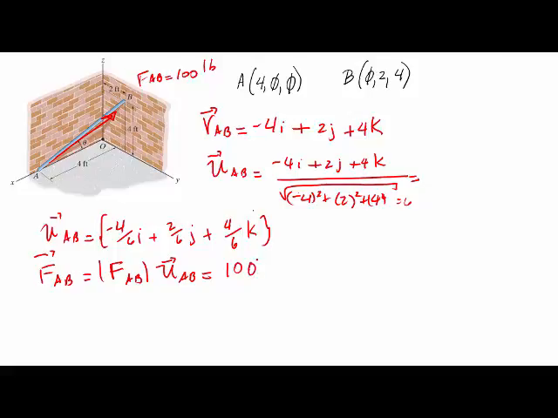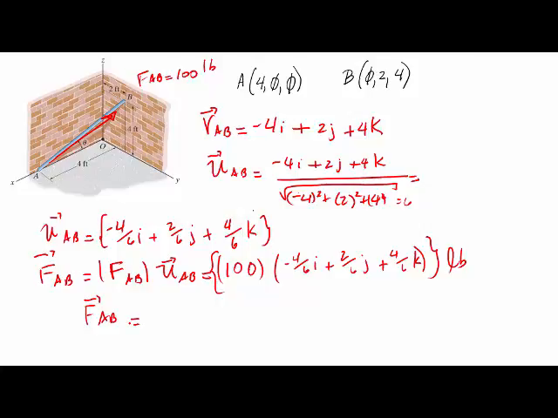So we have 100 times minus 4/6 i plus 2/6 j plus 4/6 k, and this is pounds. Okay? So what is the force vector in the direction? Let's give me now the actual number.